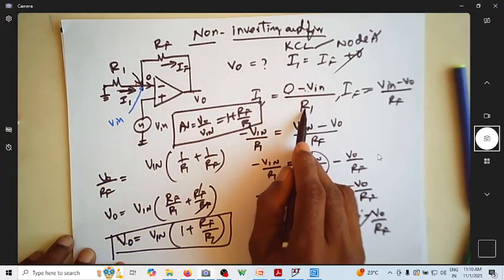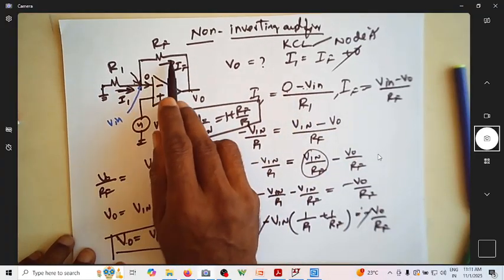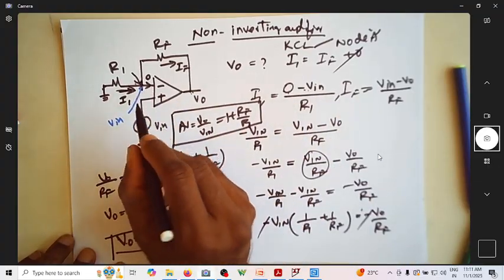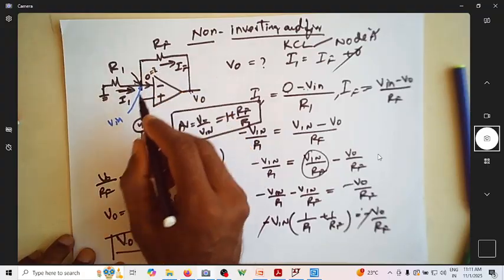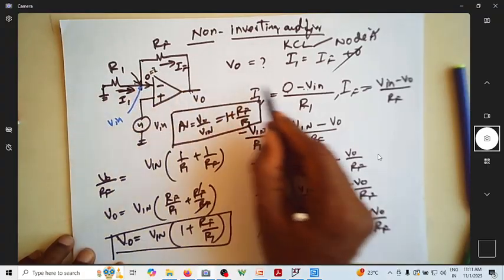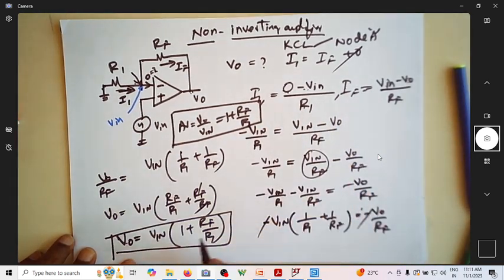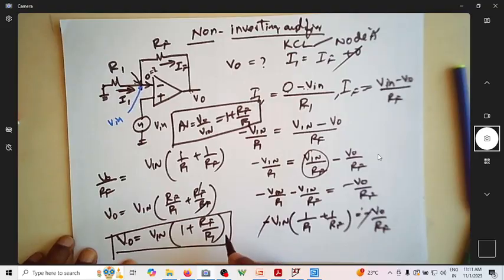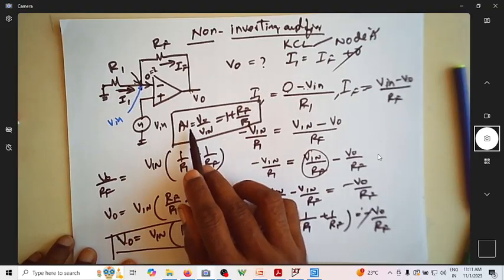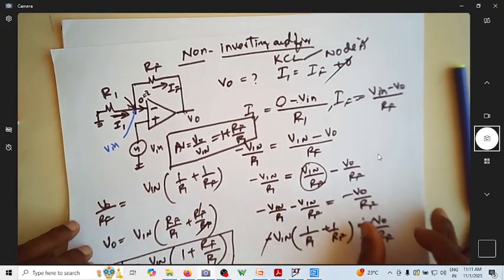That is 0 minus V in by R1. IF is 0 minus V naught. Sorry, this is not 0. This current is 0. This is I. So what is the voltage here? It is V in. So it is V in minus V naught by RF. Then simplifying this, you'll end up with this as the expression for the output voltage and the voltage gain.